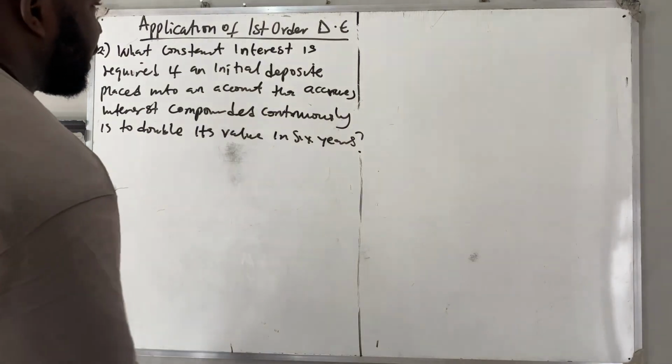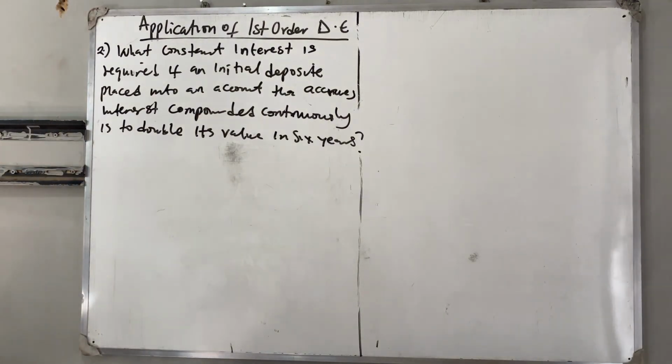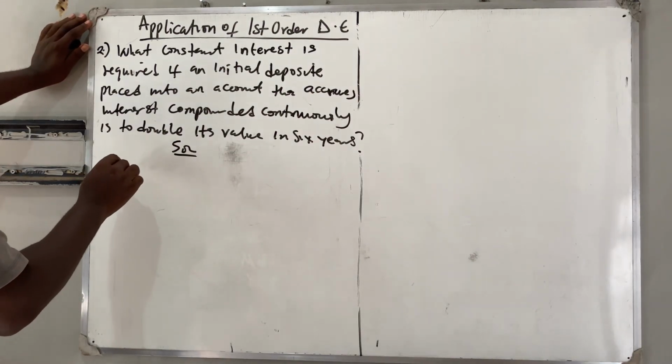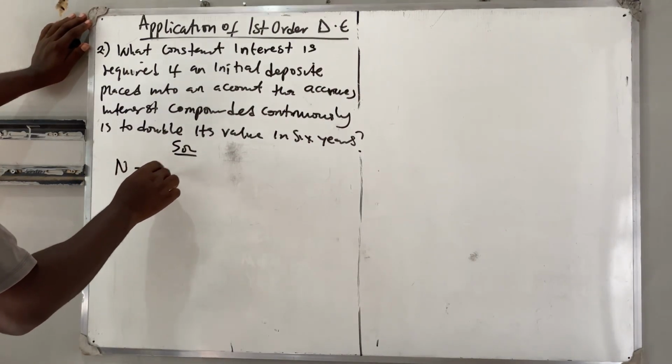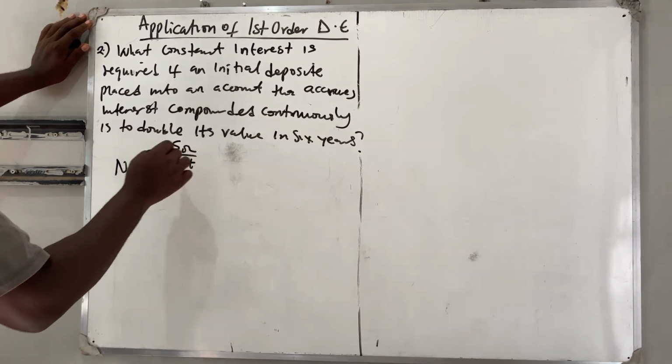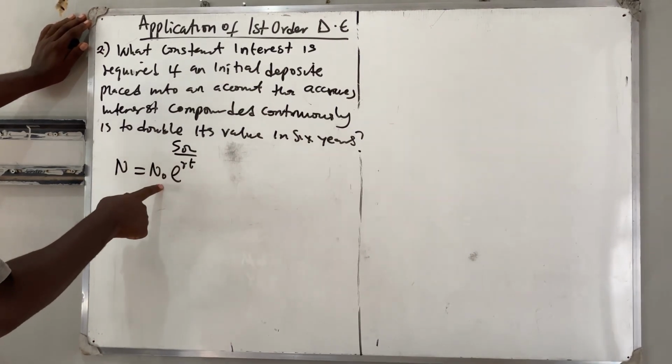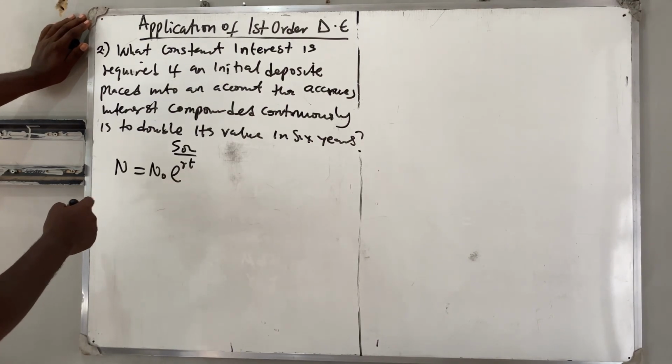Okay, now this one, they're not asking us the interest rate. If they're asking us the interest rate, we use the same formula again. Solution: we have that n, the current population, is equal to the initial population times exponential rt. Don't forget. So they are looking for the rate that will make it double after 6 years.